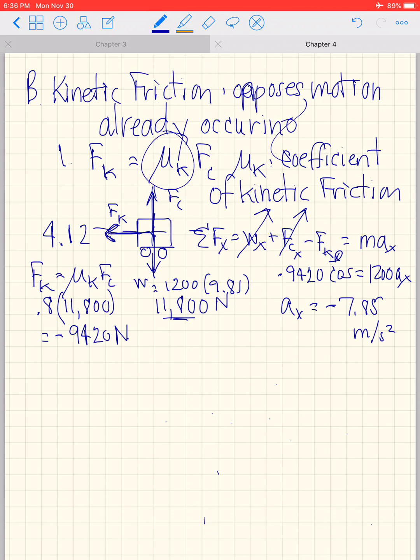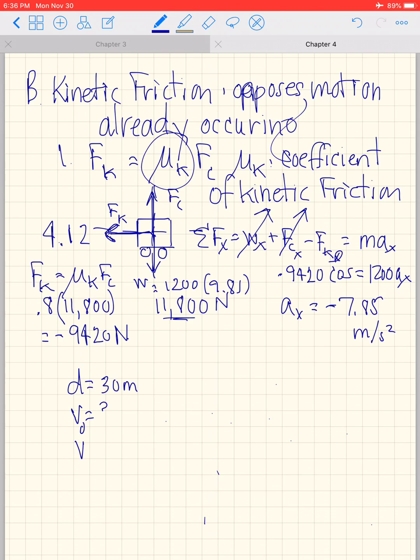And then the last question is estimate the car's speed at the beginning of the skid. So now I'm turning this into a kinematics problem. I know D is equal to 30 meters. I know that V naught is what I'm looking for. What was the speed at the beginning of the skid?